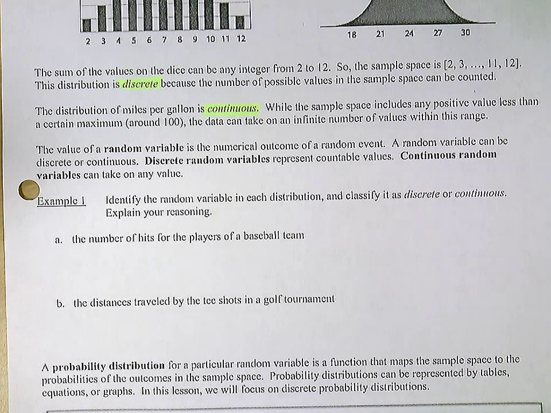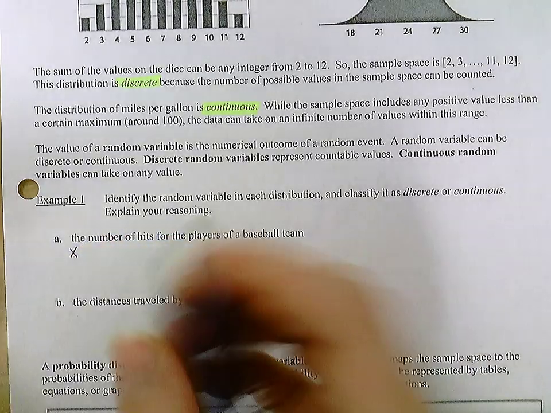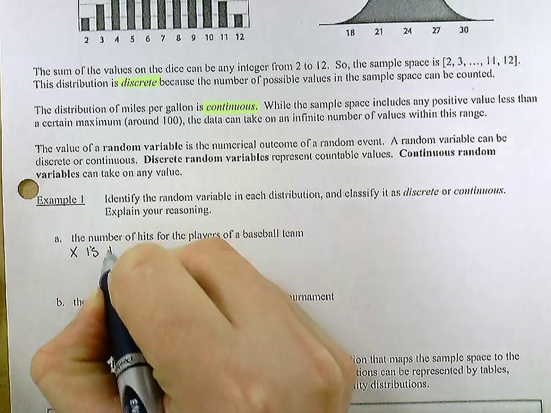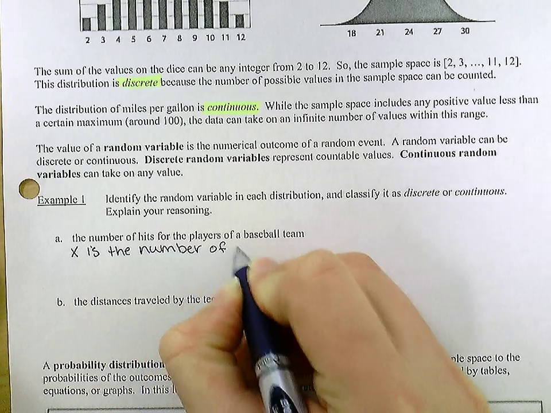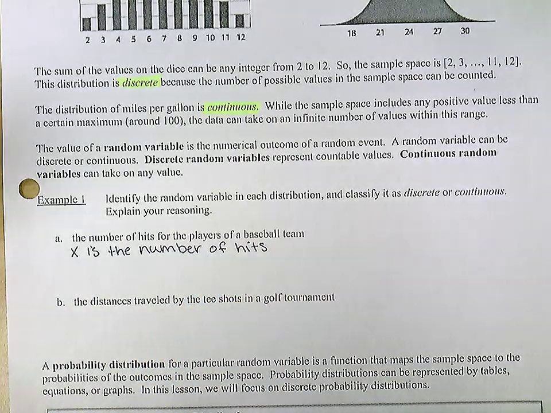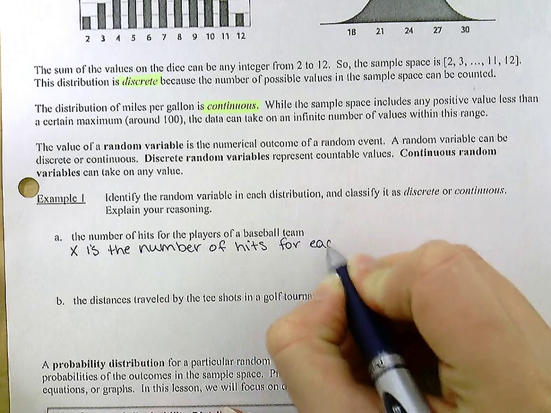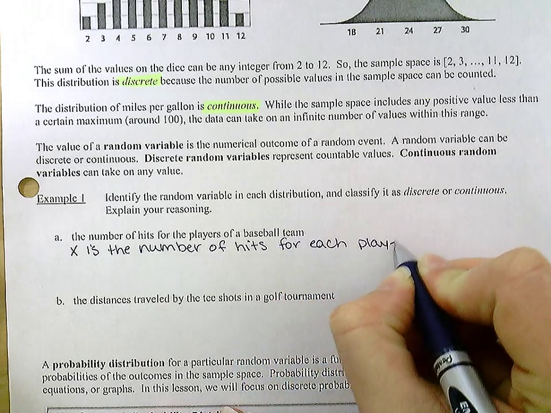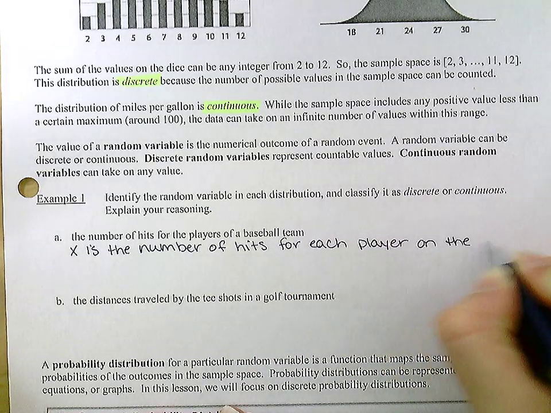But first I want to identify the random variable. We usually use x as the random variable, and that is the number of hits for each player on the team.